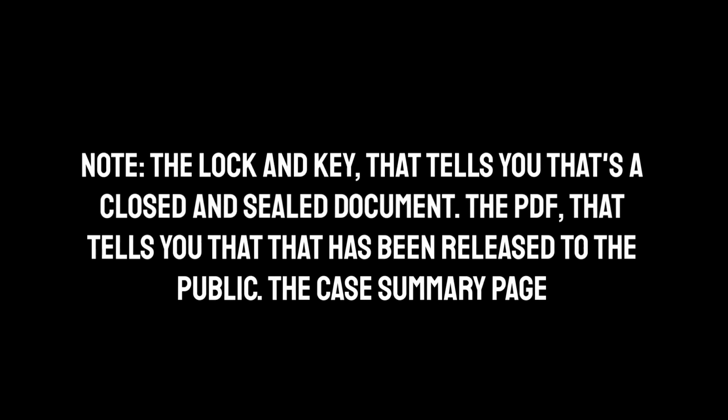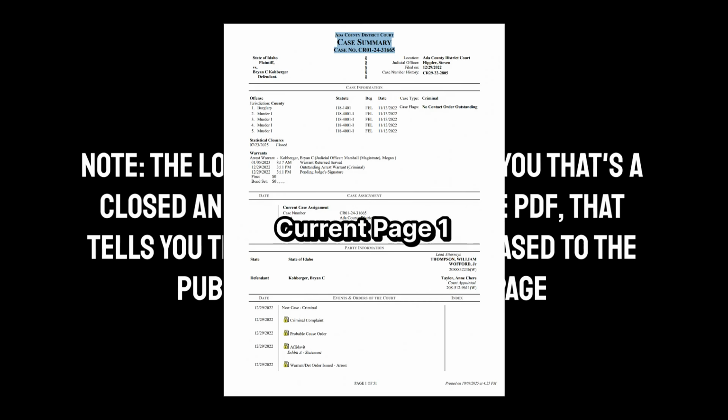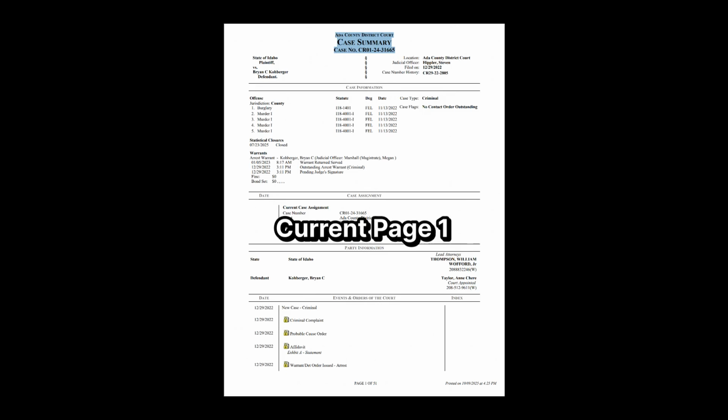The lock and key, that tells you that's a closed and sealed document. The PDF, that tells you that that has been released to the public. The case summary page is the only way that I am aware of that if you wanted to just do a quick synopsis, become familiar, soup to nuts with what's happened in the case, the case summary page will tell you.